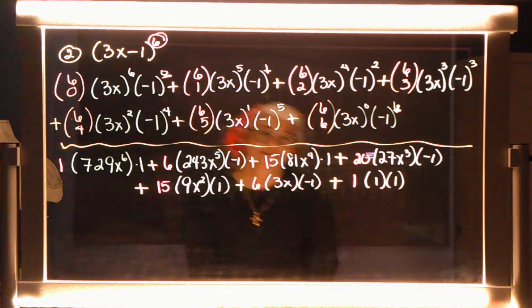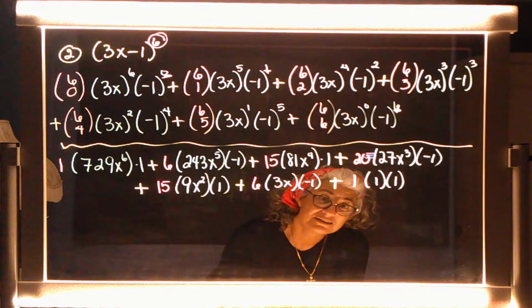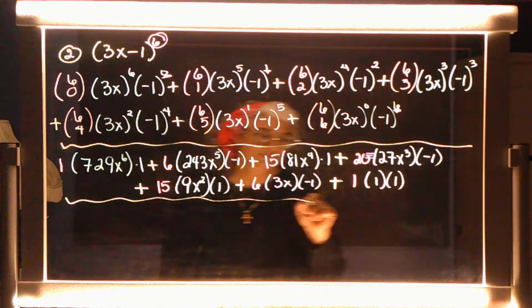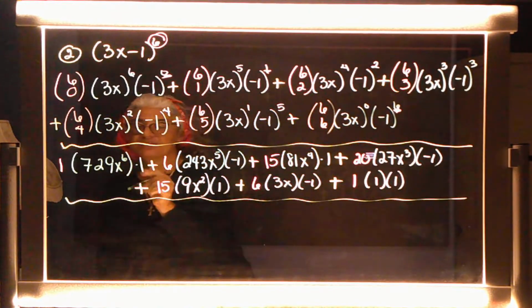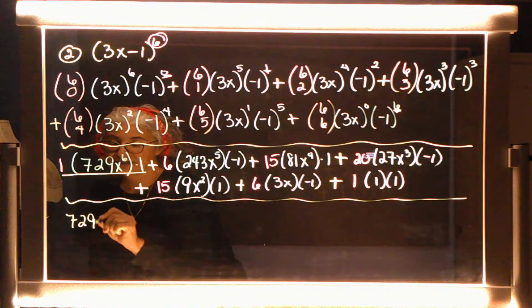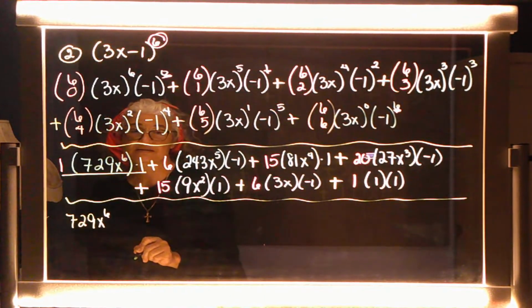Woof! How we doing? Okay, hang in there. Last step. Now we get to simplify every term. So 1 times this parenthesis times 1. So we have 729 x to the power of 6, correct?